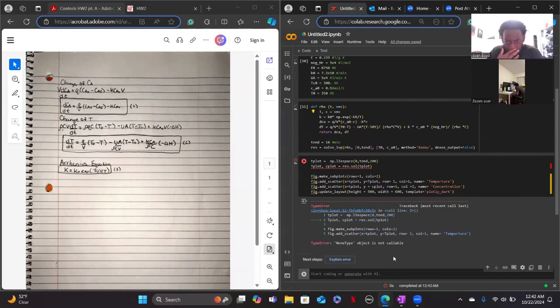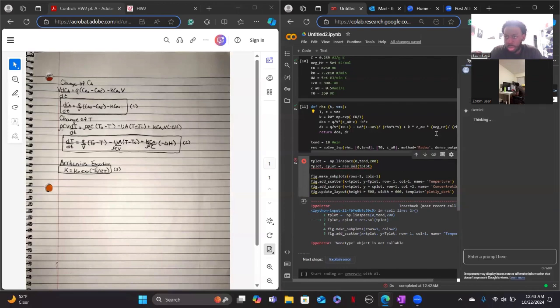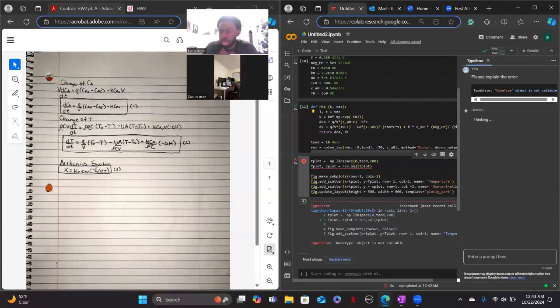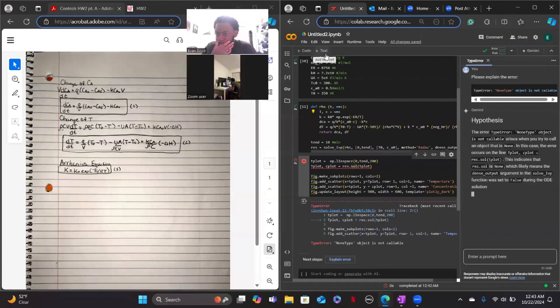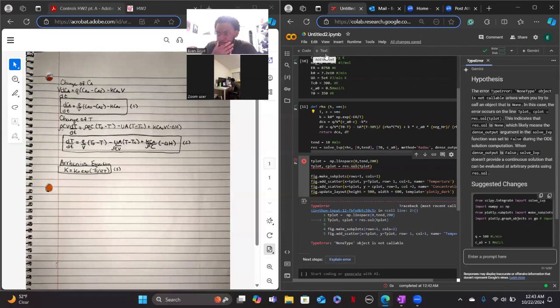T plot, C plot. Why can we not call this? Explain error. What's wrong? Why is it when you try to call an object that is none? In this case, the error occurs in the case that it is none, which likely means that.